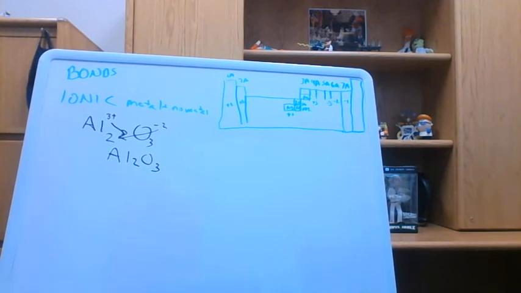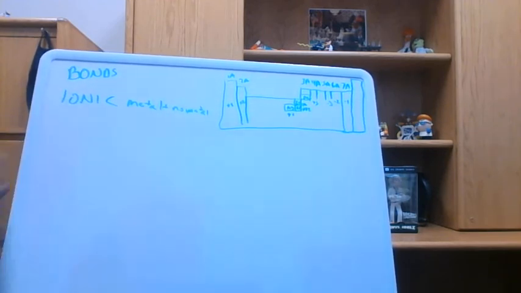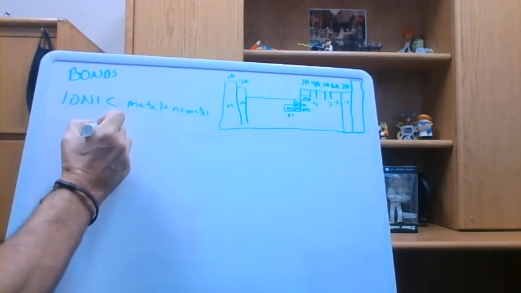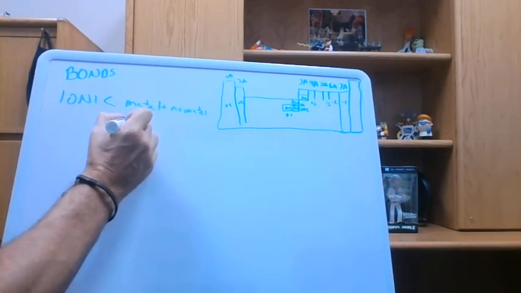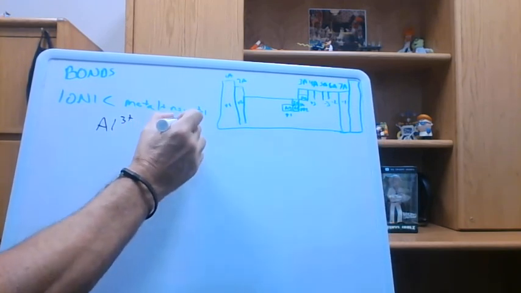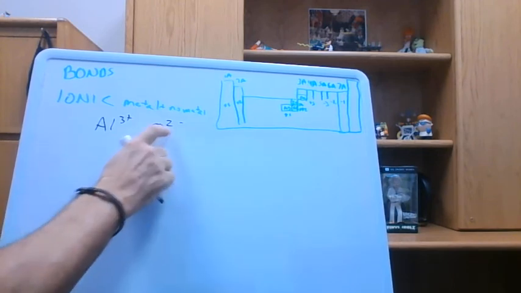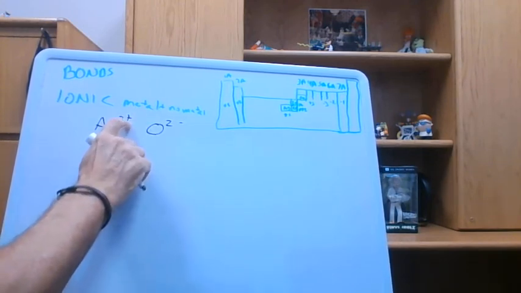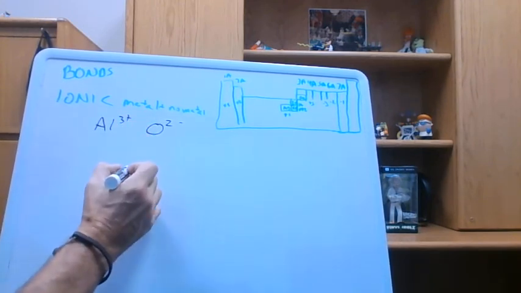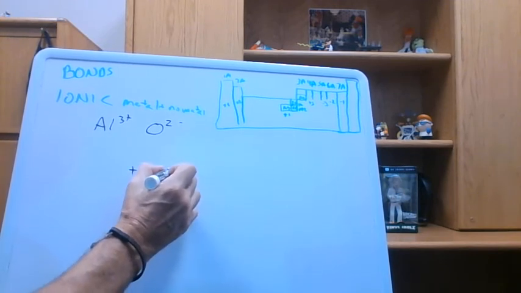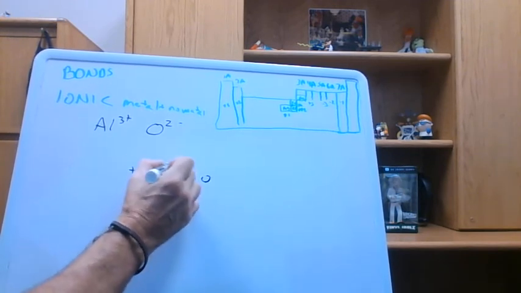Right, and if we do it the more accounting way, I guess you would say, is we find the least common multiple. So 2 does not go into 3, so the next multiple of 3 is 6. 2 goes into 6, so we need a +6 charge and a -6 charge overall, right?